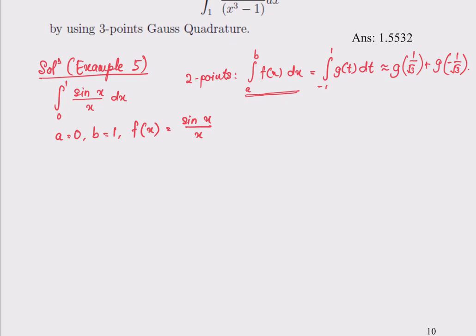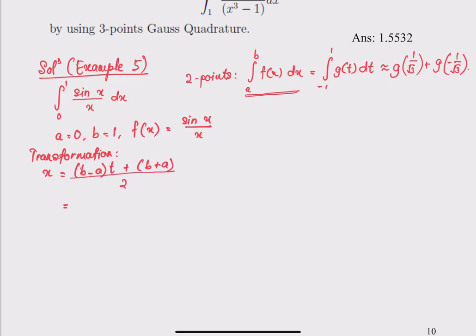By using the formula that we know, the first step is the transformation: x is equal to (b minus a) multiplied by t plus (b plus a), divided by 2.